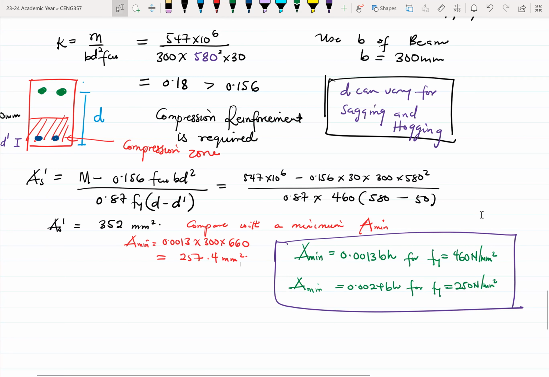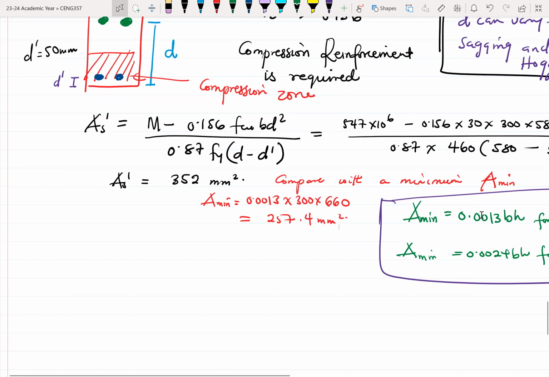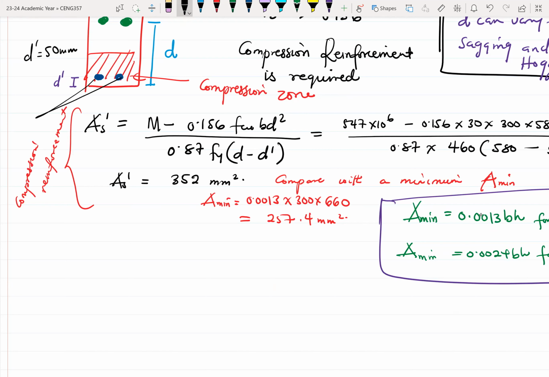Now let's find. So this is for compression reinforcement. Let's take notes. Okay. So that's for these two guys here. All right. So now let's do for the tension reinforcement.